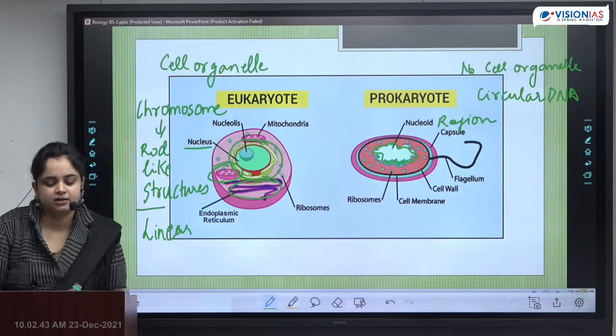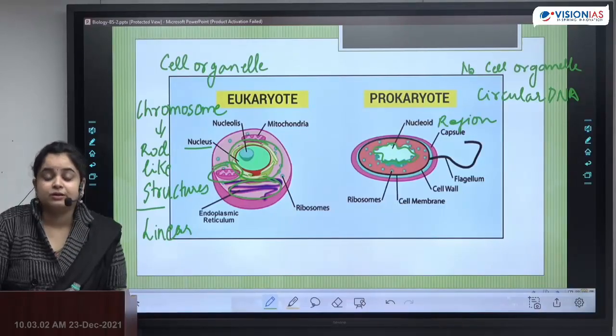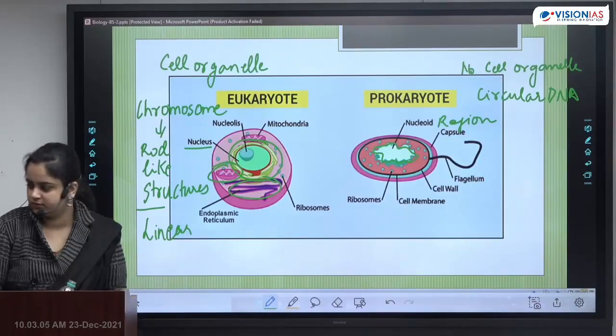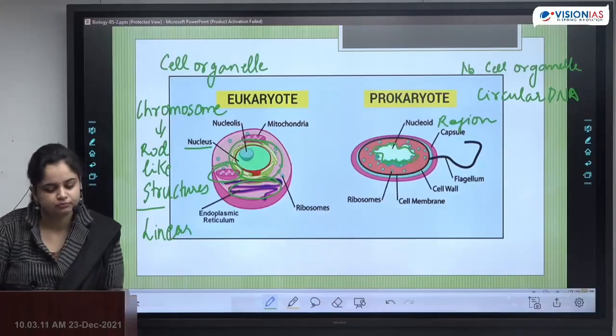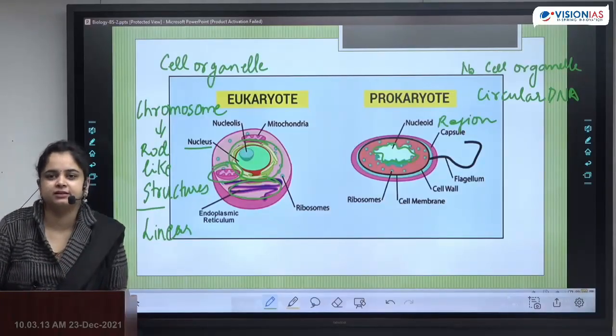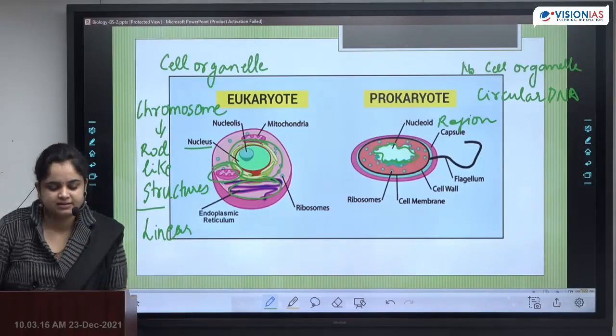The genetic material is in the form of circular DNA present in the nucleoid region.